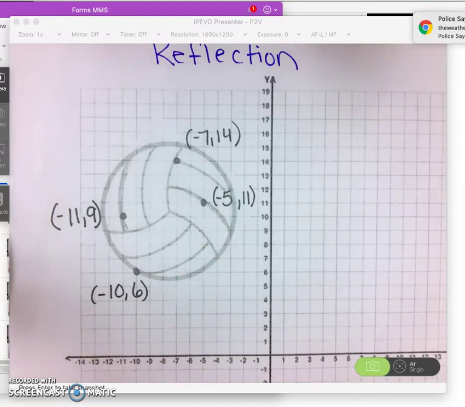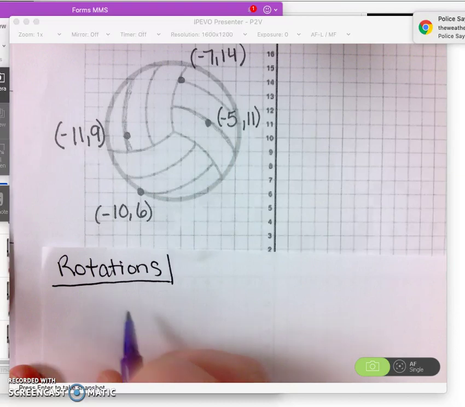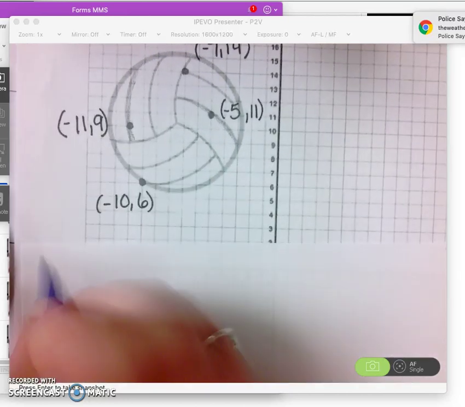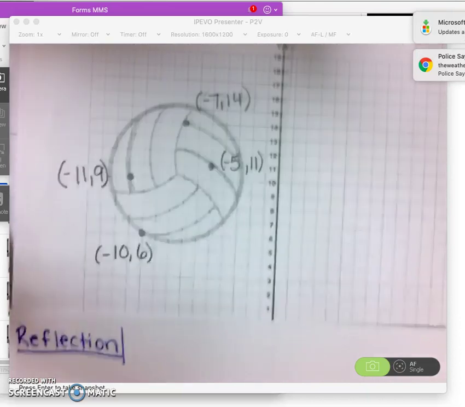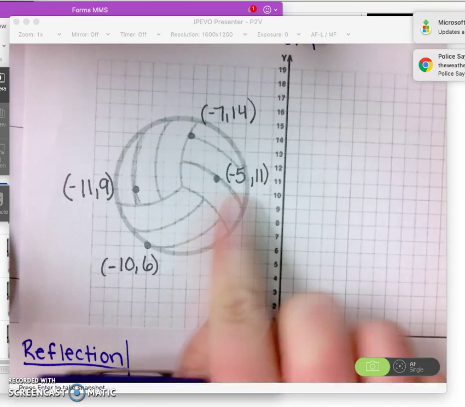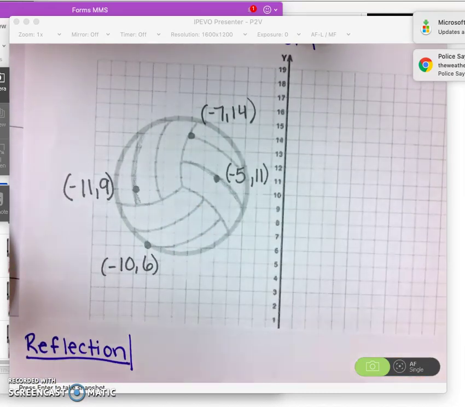So I'm going to do my work like this, rotations. Oh, no, not rotations, sorry. Writing at the top, reflection. So to reflect these across, you can do this 2 different ways.